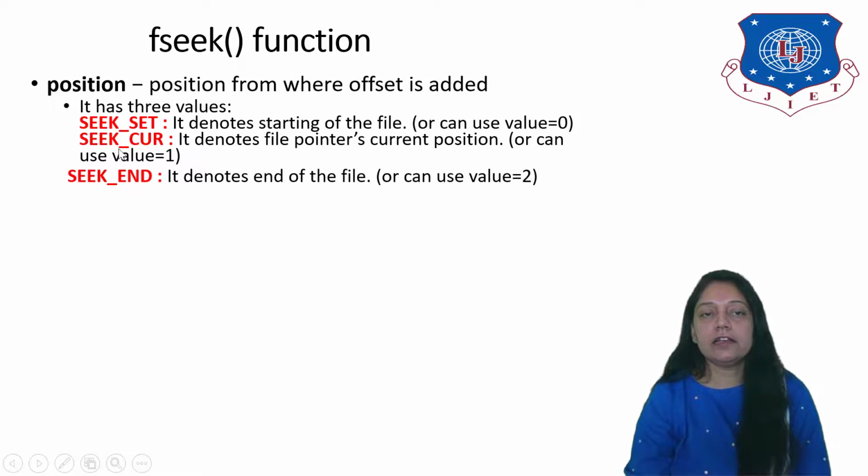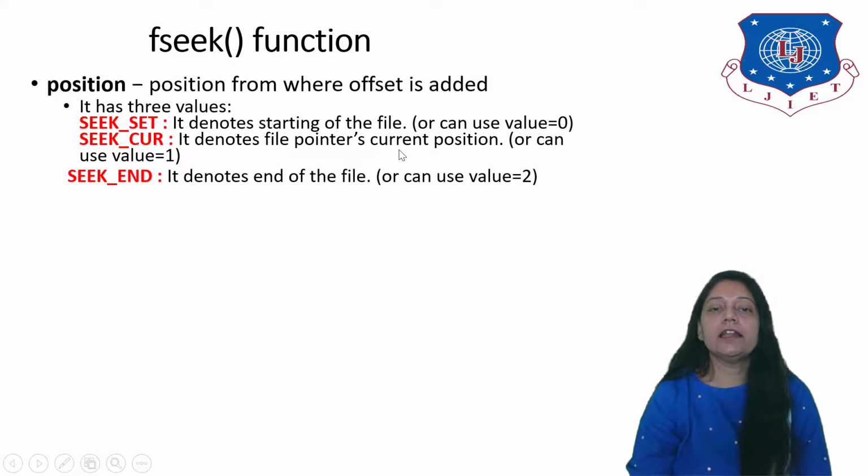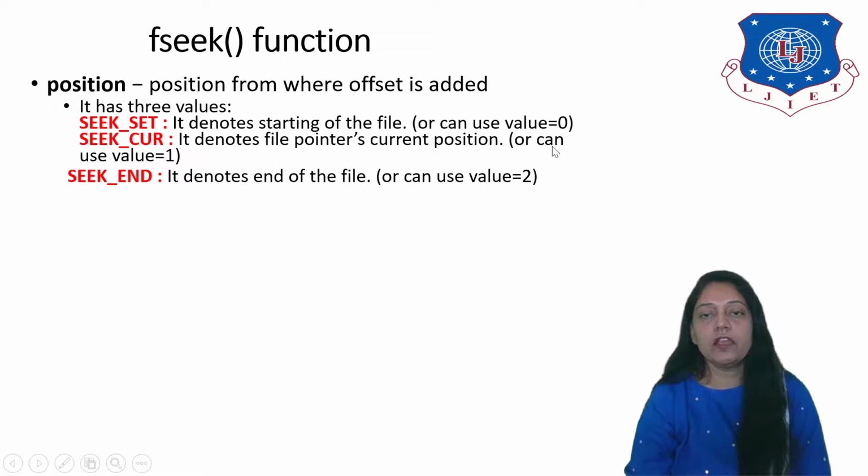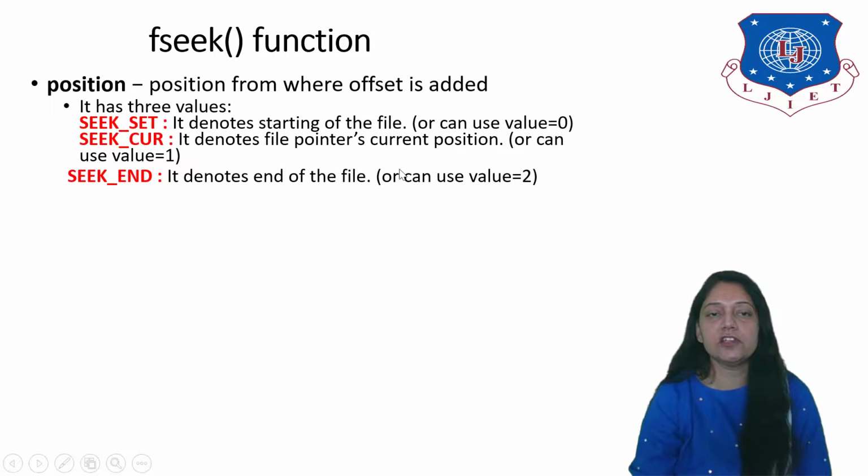The next value that the third argument to the fseek function can have is SEEK_CUR, current. It will tell me the current position of the file pointer, or you can use the integer value 1. SEEK_END means the file pointer is positioned at the end of the file, or the integer value you can use is 2. So you can either use 0, 1, 2, or SEEK_SET, SEEK_CUR, or SEEK_END.